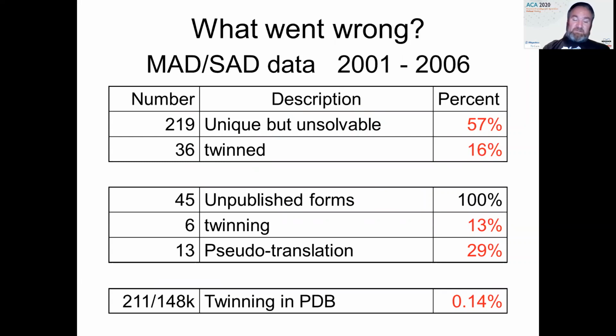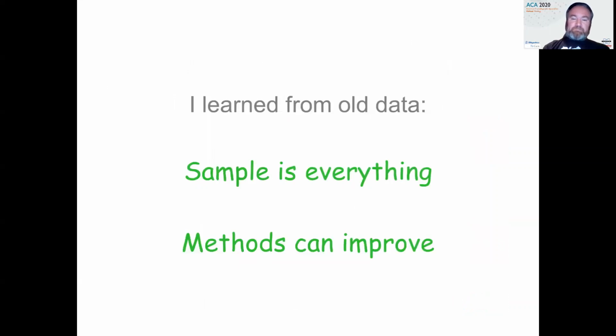But if you look at the PDB itself and just search for the word twin, you only find 0.14% of the entries. So twinning is definitely underrepresented in the PDB, and apparently a much bigger barrier to solving structures than we previously realized. So what I learned from looking at all that old data, at least so far, is that the sample is indeed everything, but there are a lot of places where methods can improve.